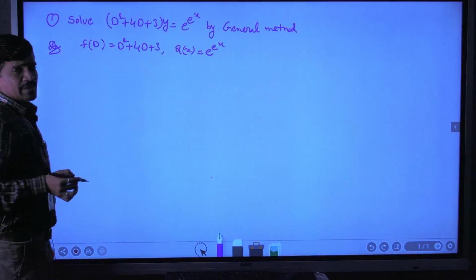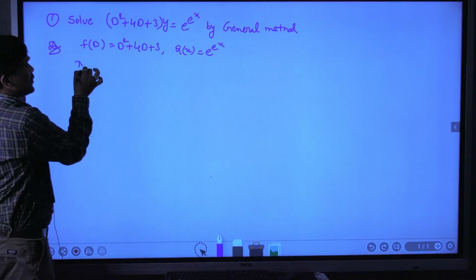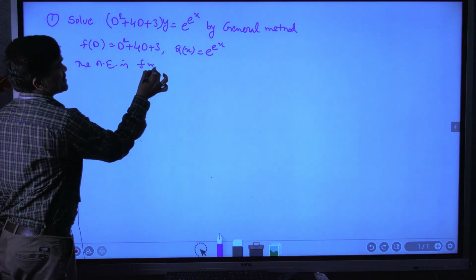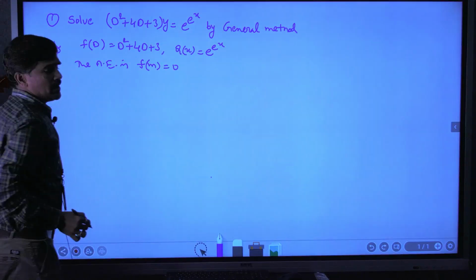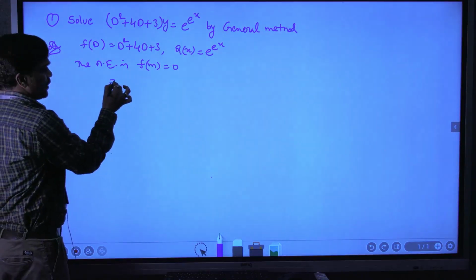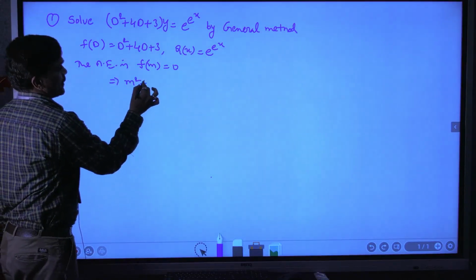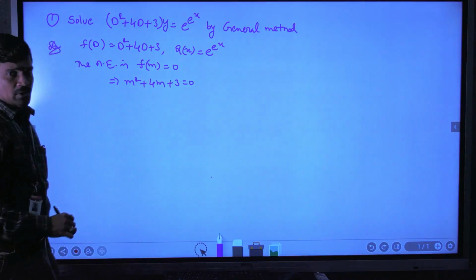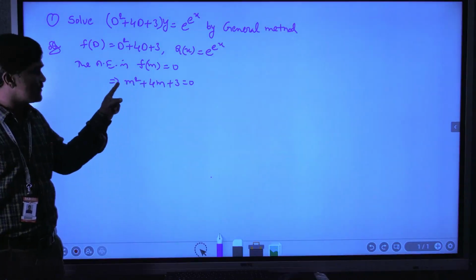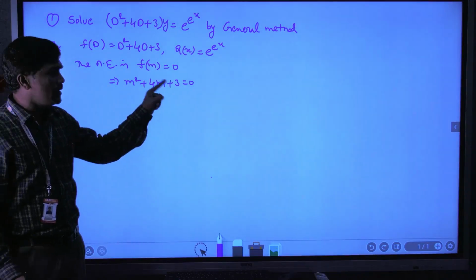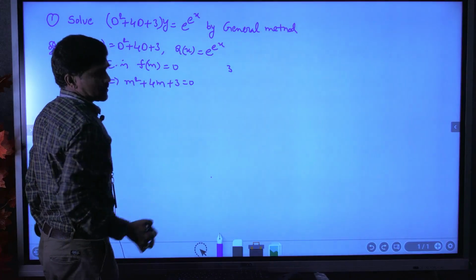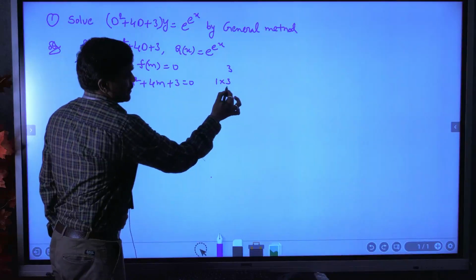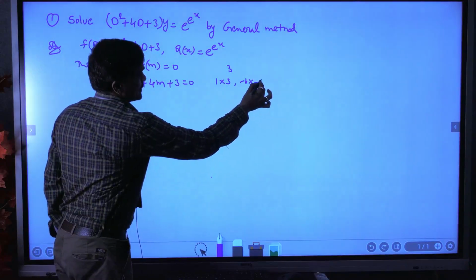First, to find the complementary function, write the auxiliary equation as f of m is equal to 0. Now here m square plus 4m plus 3 is equal to 0. To find the roots of this equation, we take factors of 3: 1 into 3 and minus 1 into minus 3.